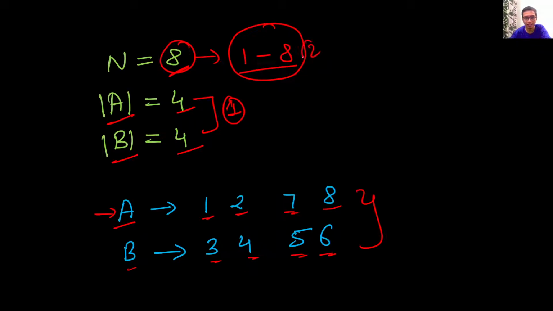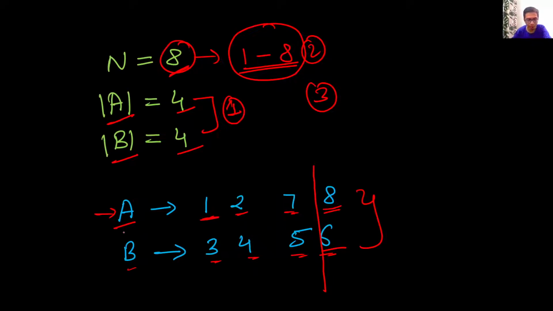This is the second condition, that all the elements from 1 to n should be present when we combine the elements of both arrays. And the third condition was the prefix sum, if we ignore the very last elements, till this point should not be equal for both the arrays.